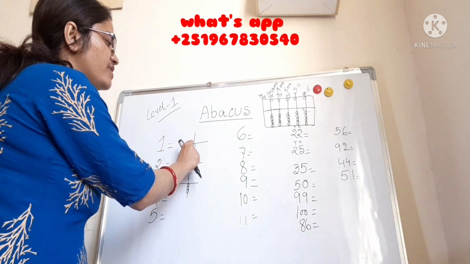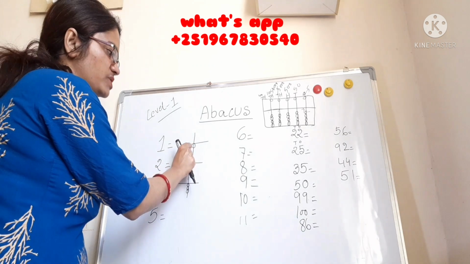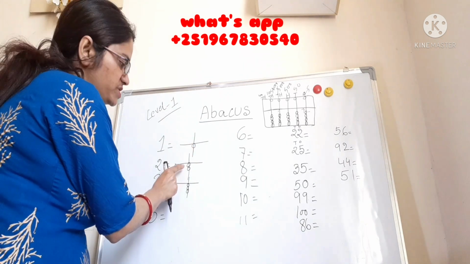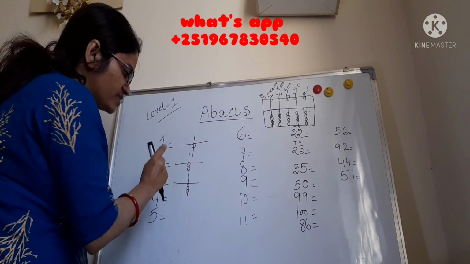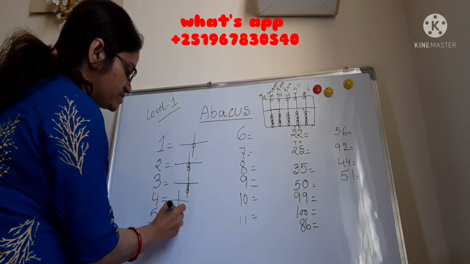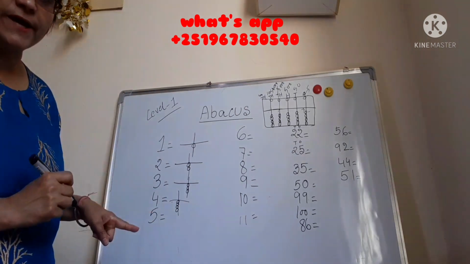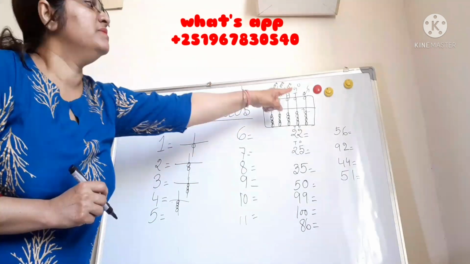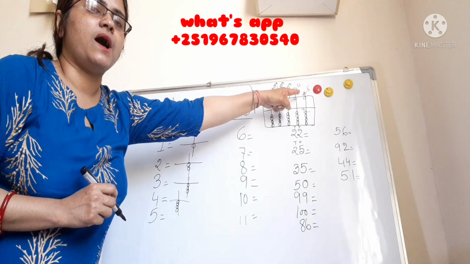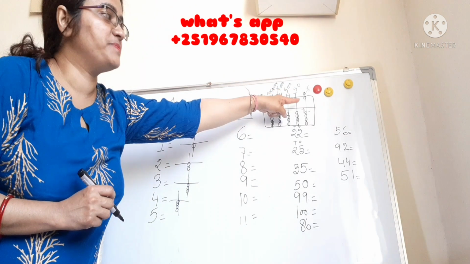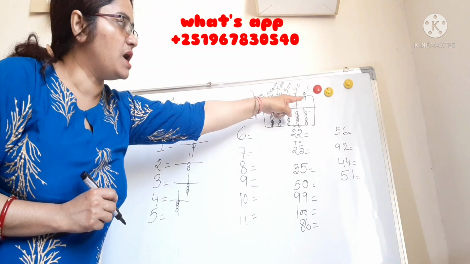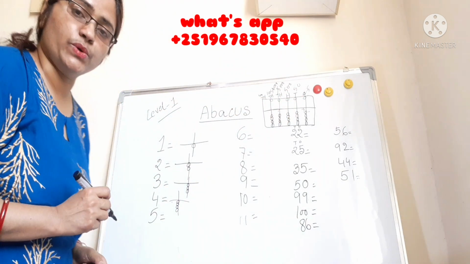If I raise 2 beads, this is 2. If I raise 3 beads, 3. 4 beads, 1, 2, 3, 4. And now the 5. In the case of 5, this bead is already up, so if I bring the bead down, this denotes 5.